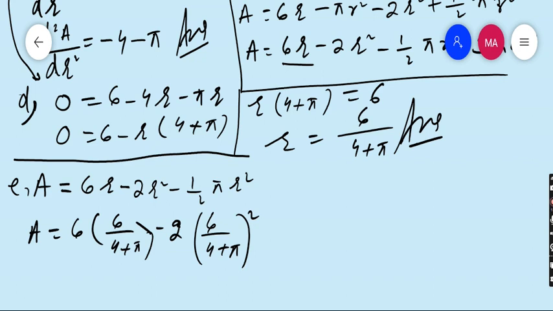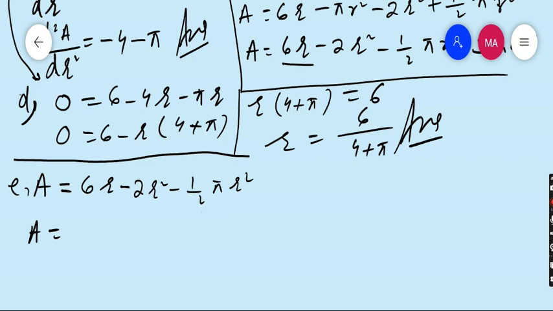Or it is more easy if we take common r throughout the formula. So if we take common r, it is 6 minus 2r minus 1 upon 2 pi r.